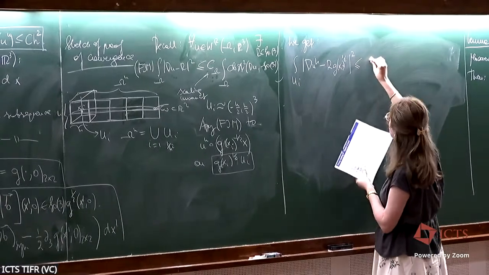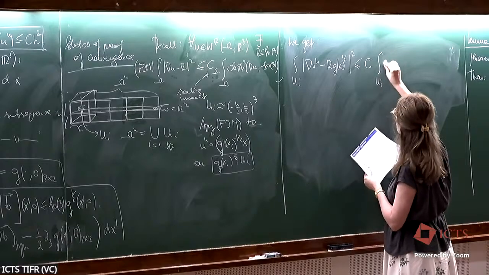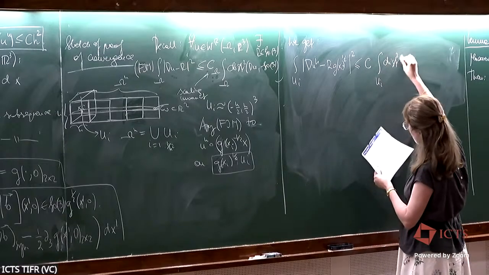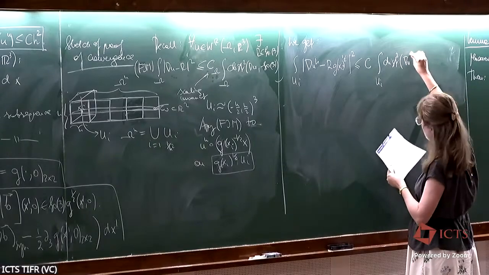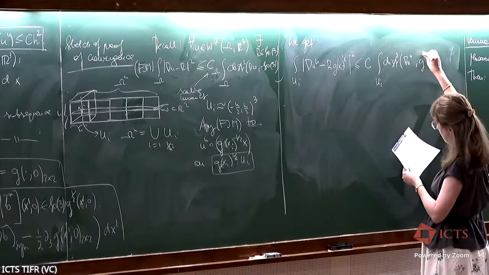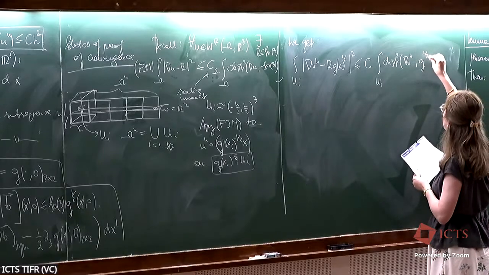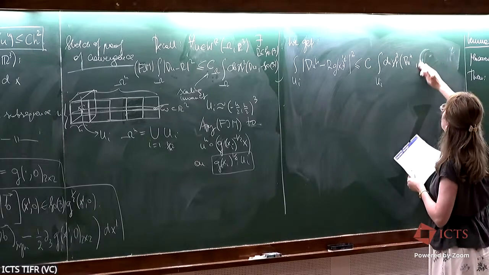That's less than a universal constant times the integral on ui of the distance squared of the gradient of u^h times g to the minus 1/2 at x0 from SO(3).